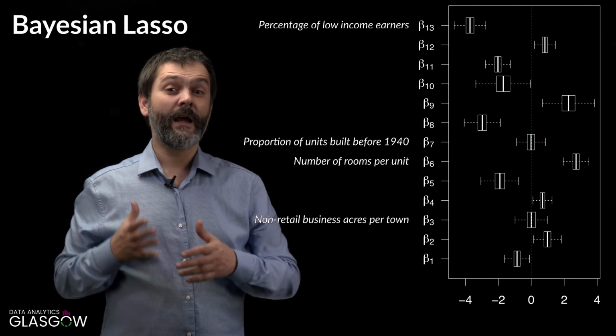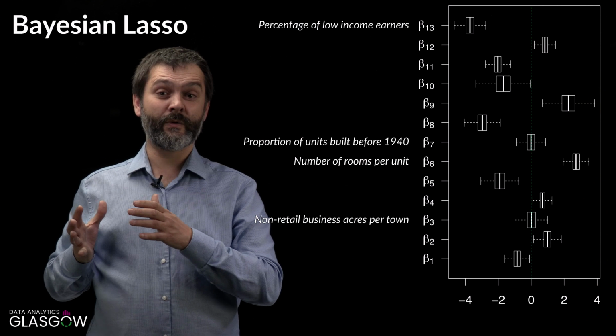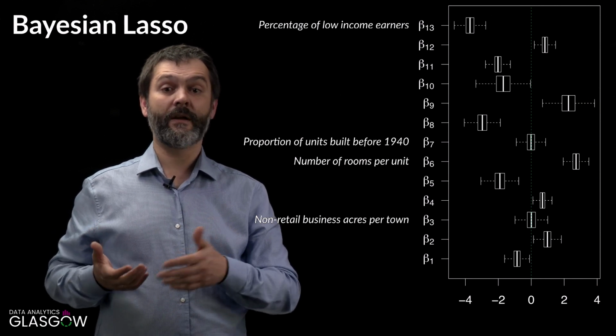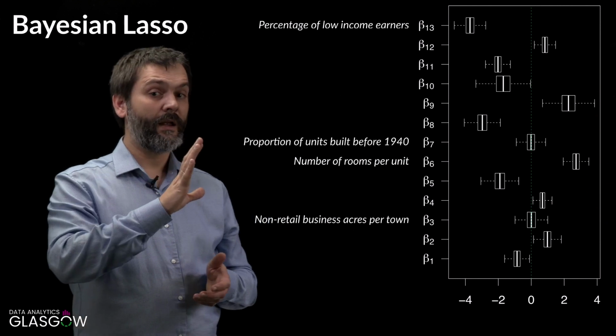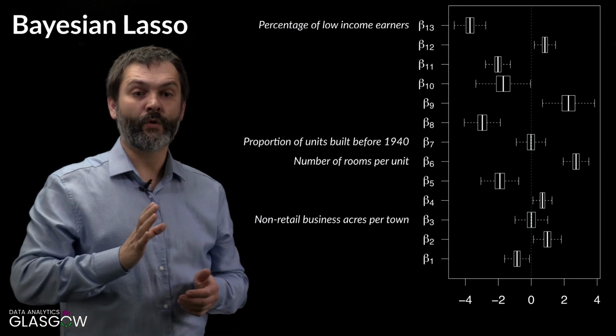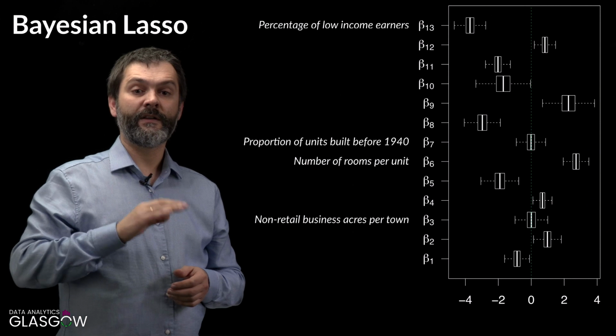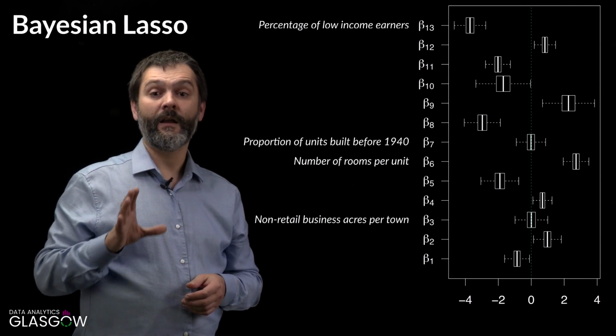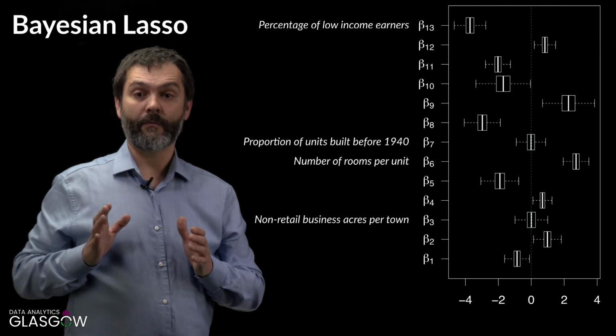So obviously houses in poorer areas will cost less and houses in rich areas will cost more. And this is all kind of making sense, and we are sifting out two variables out of 13 as less important in this linear model.